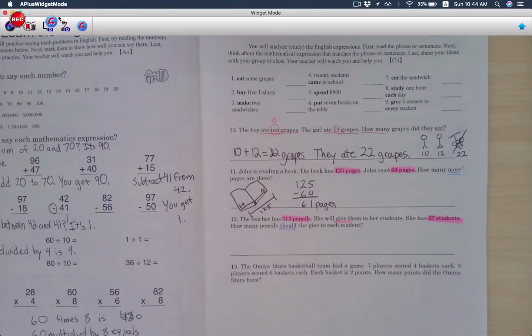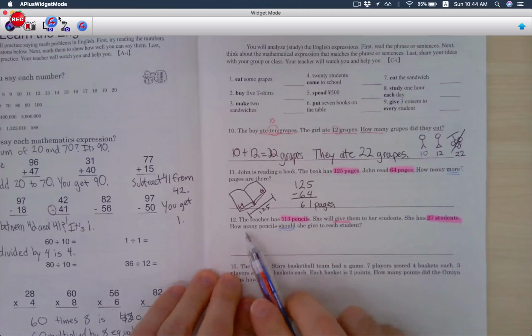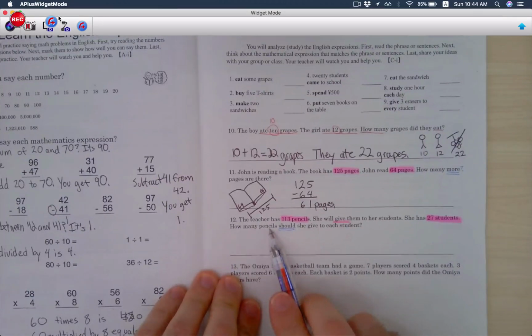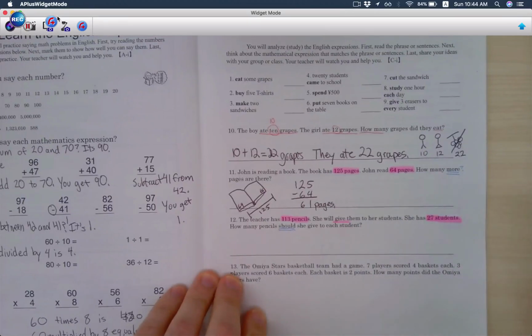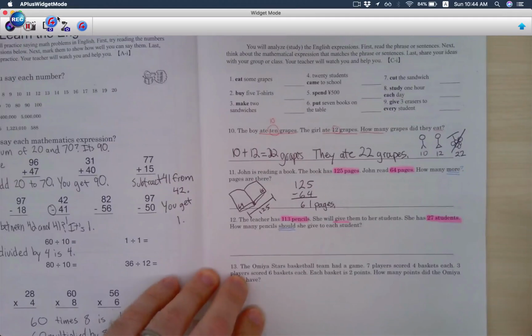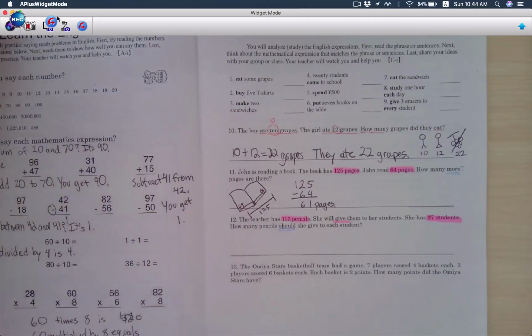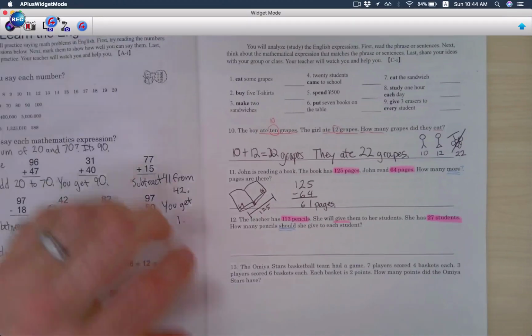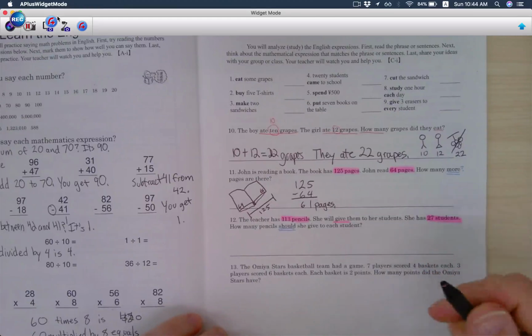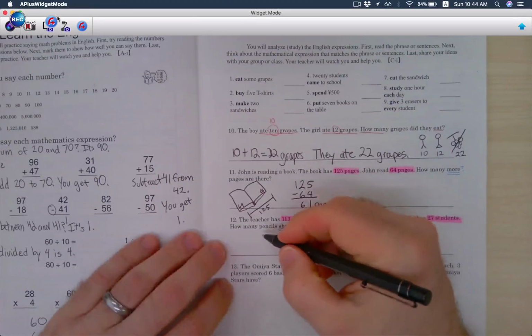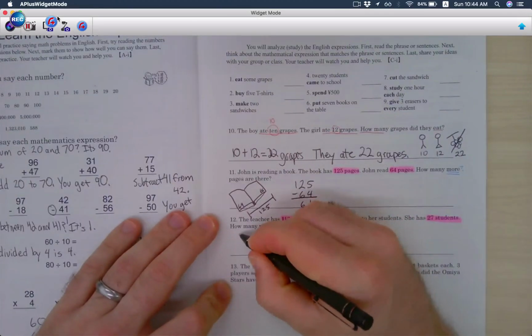Okay, I've checked, and I understand that how many pencils should she give to each student means what's the best number to give to each student. Now, I'm ready to do the work. So, first, I'll write my icons.